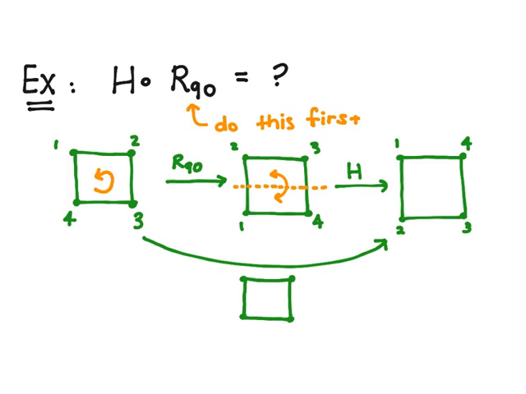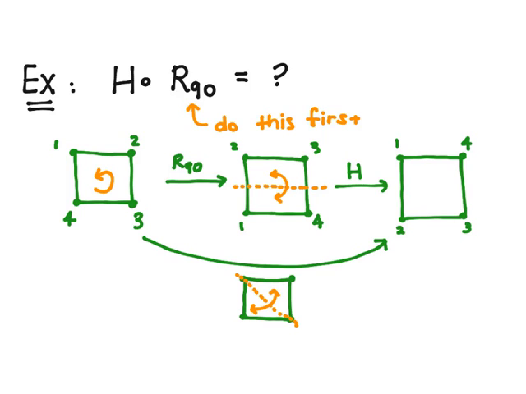Now, if you look all the way from the beginning of this process to the end, what you maybe notice is that vertices 1 and 3 actually wound up exactly where they started, whereas vertices 2 and 4 swapped places. And so what we got in the end of this procedure is the same as what we would have gotten if we had reflected the square across this diagonal axis here.